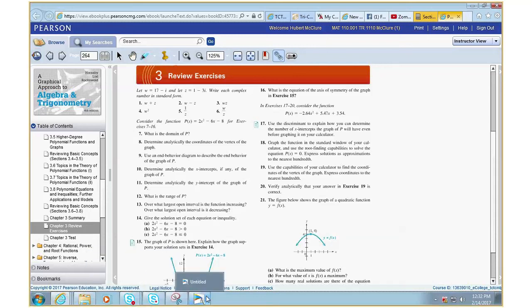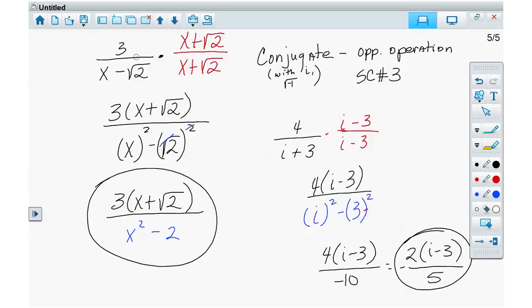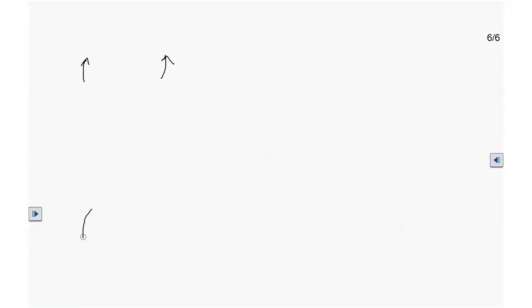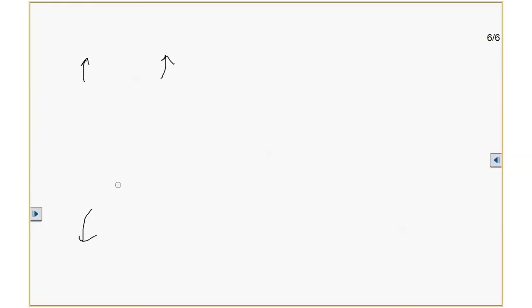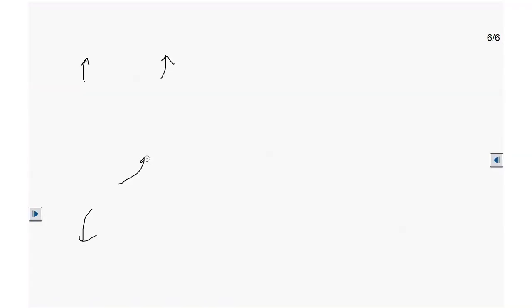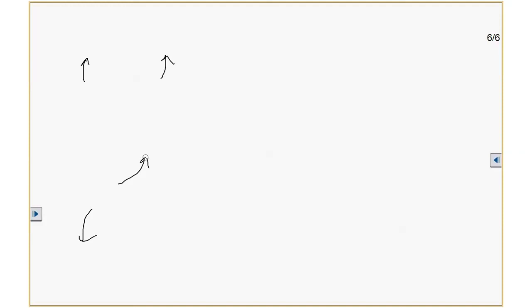The two types of end behavior are this type, which looks like a parabola, or what? This type, which looks like a what? x to the even power looks like a U. Right?